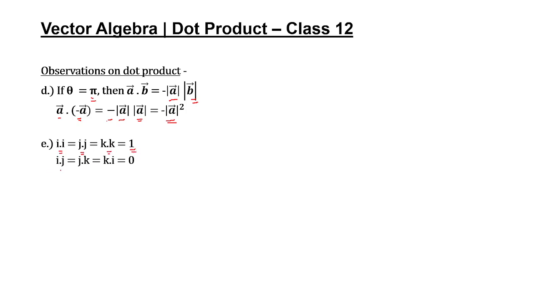If it is different vectors, means i dot j or j dot k or k dot i, that is equal to 0, because the angle between i, j and k is 90 degree. Or if we take the reverse also, means j dot i or k dot j or i dot k is also equal to 0.